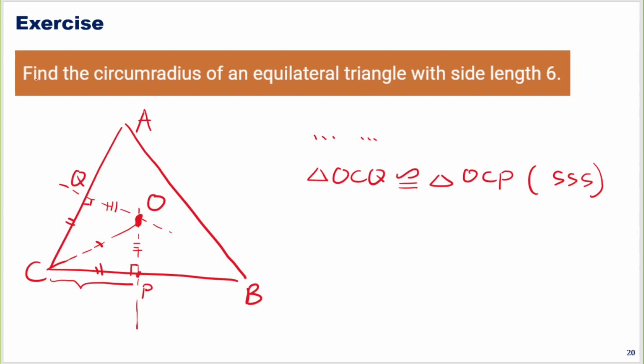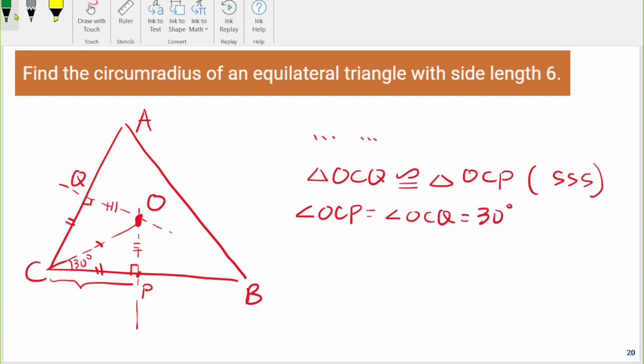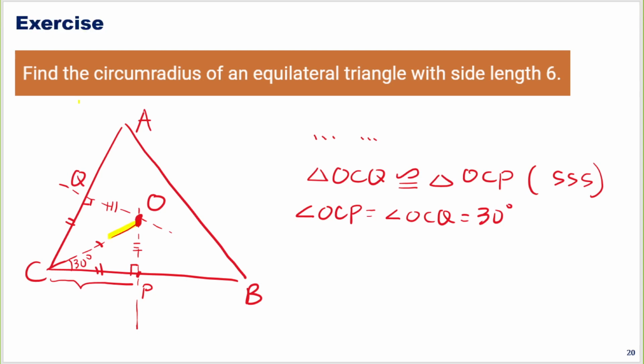And then we have angle OCP equals angle OCQ equals 30 degrees, right? Then consider this triangle here. This is actually a 30, 60, 90 right triangle, right?